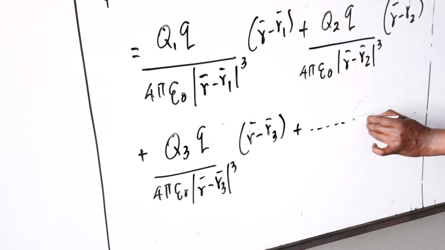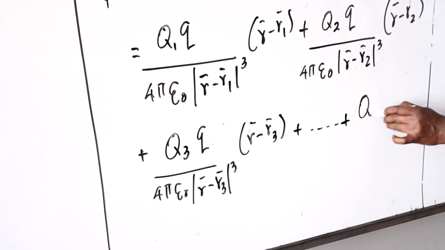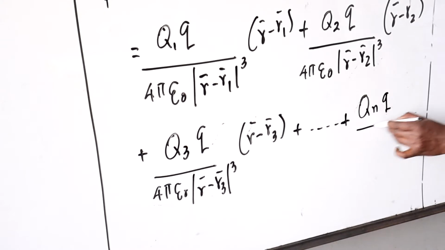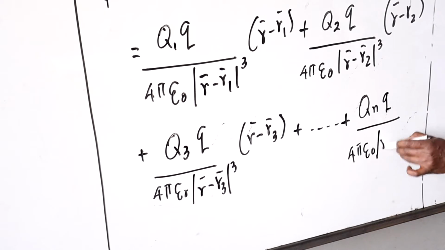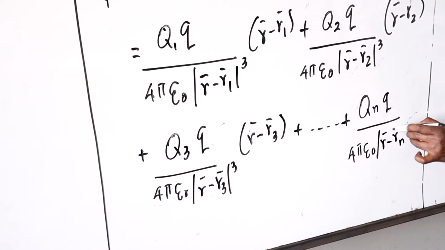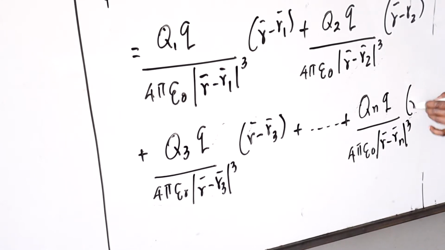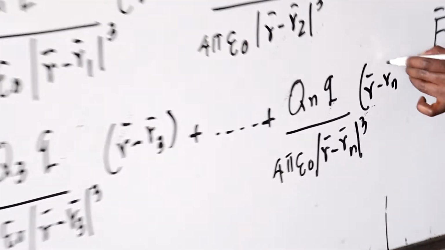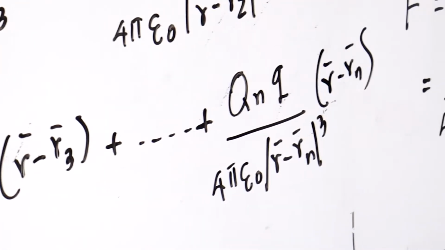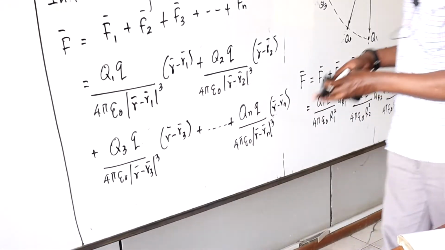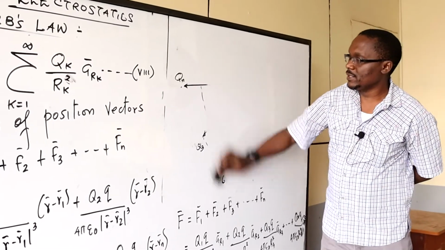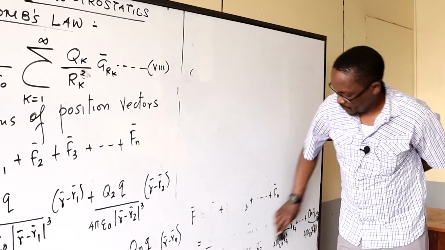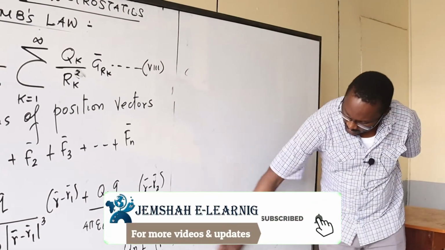Say plus, and to the last one we have Qn Q all over 4 pi epsilon naught R bar minus Rn bar cubed into R bar minus Rn bar, like so. So in terms of position vectors, this is how we are going to represent our summation of forces.